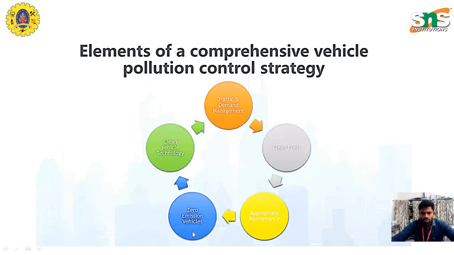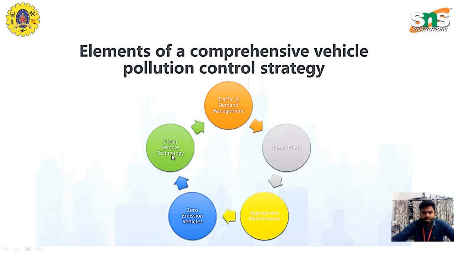Then zero emission vehicles. Nowadays we have the term electric vehicle, in which we don't have any combustion engine. We have only a battery and a motor to drive the vehicle. So in this case, we can control the pollution to some extent.